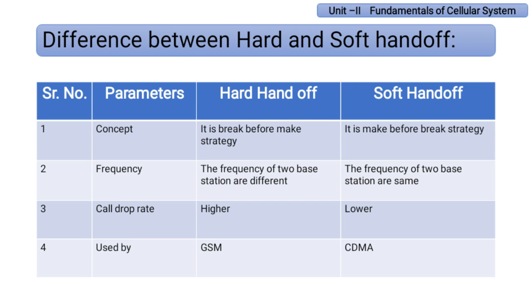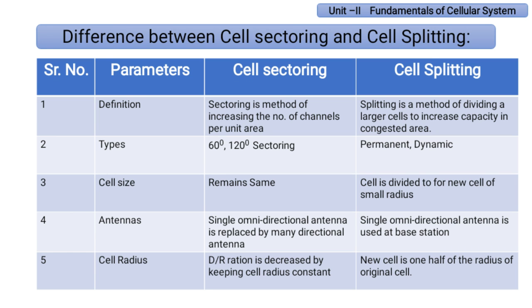Next is the difference between cell sectoring and cell splitting. You know the definitions of sectoring and splitting. Both are methods for increasing capacity and coverage. Both have two types: in sectoring we use 60-degree sectoring and 120-degree sectoring, and in cell splitting we use permanent and dynamic splitting.